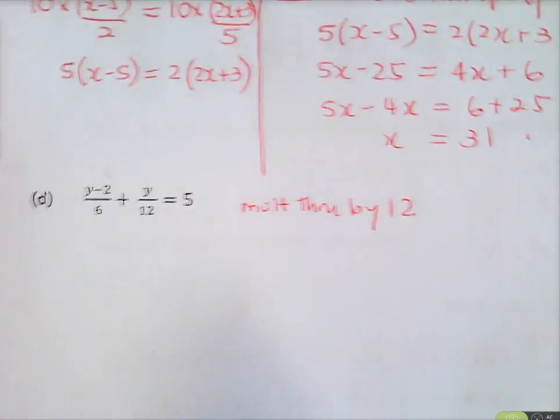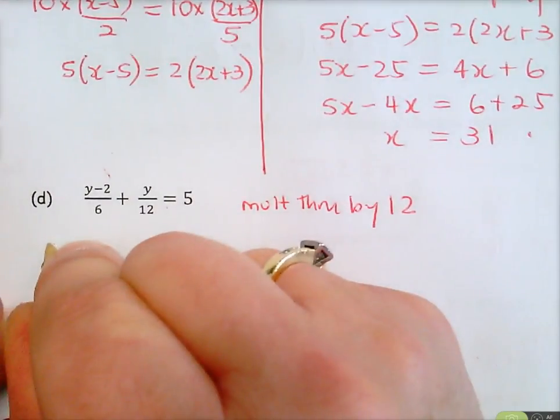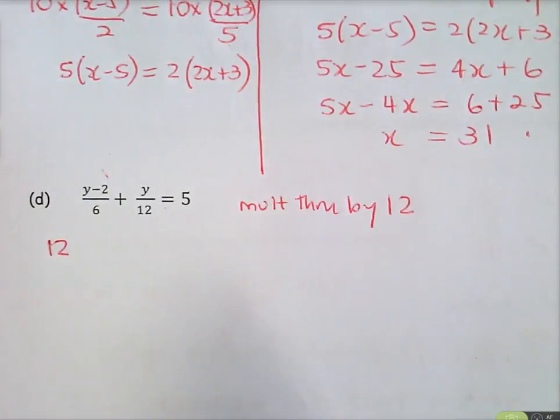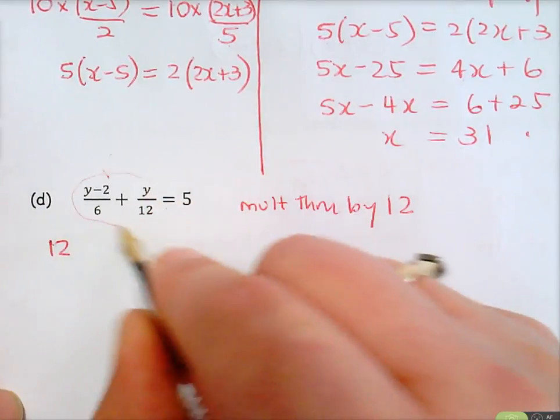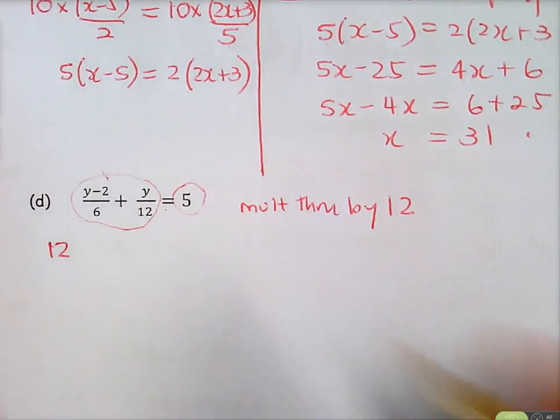In other words, I'm multiplying the left-hand side by 12 and I'm multiplying the right-hand side by 12. Does that make sense? Now, I can do them separately, multiplying the left by 12, multiplying the right by 12, because this is an equation and it's balanced. All of this equals 5. If you multiply one side by 12, you multiply the other one by 12.